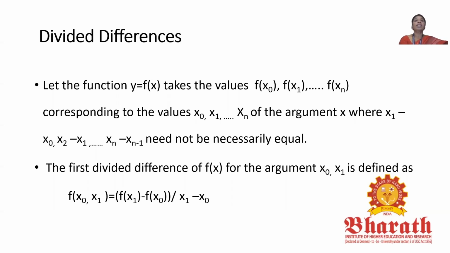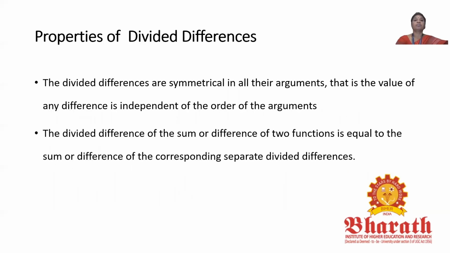So the first divided difference of f of x for the argument x0, x1 is defined as f of x0 comma x1 is equal to f of x1 minus f of x0 divided by x1 minus x0.